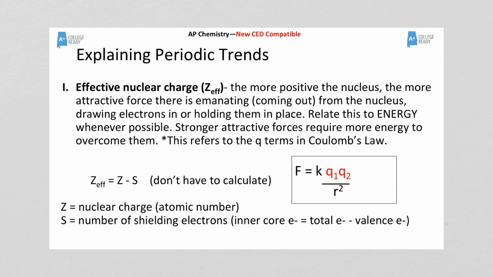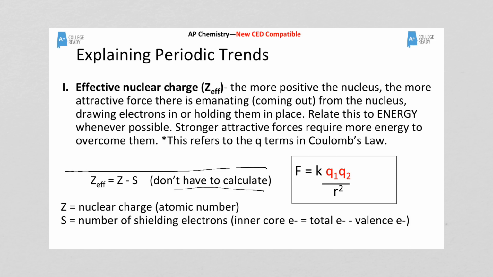All right, so when we're explaining periodic trends, I want to be very clear. You're going to see this term effective nuclear charge, and what I want to make sure you understand is you don't have to calculate it. And I'm just going to kind of draw a line here. Some teachers like to use this calculated value.